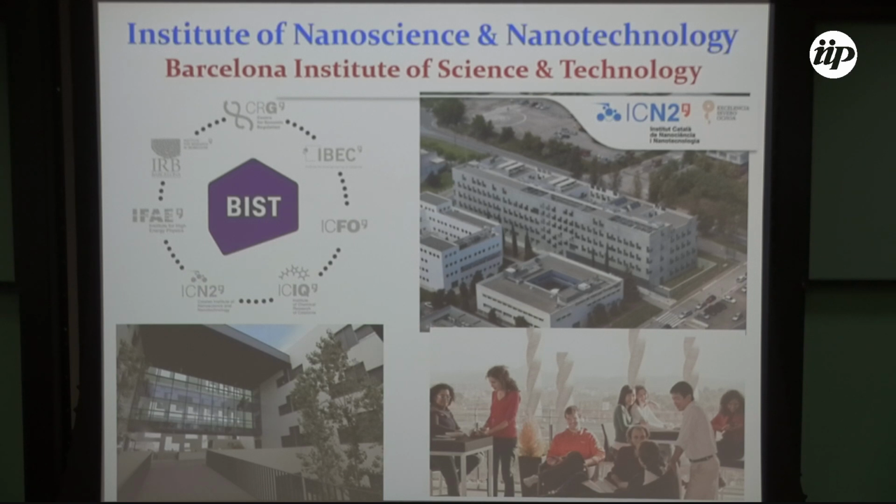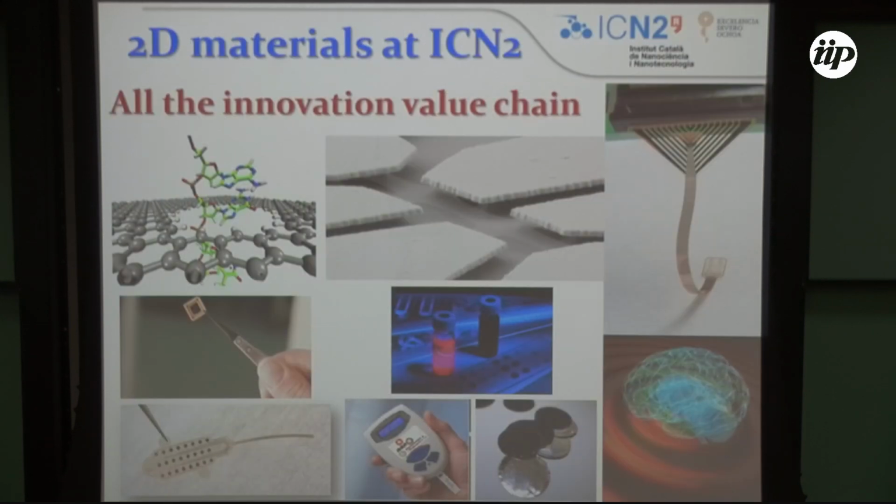I'm coming from the Barcelona Center on Nanoscience and Nanotechnology, where we study many different types of nanomaterials and nanoparticles, but half of the institute is active in looking at graphene and other two-dimensional materials, because they have so many potential applications that it's just fascinating.